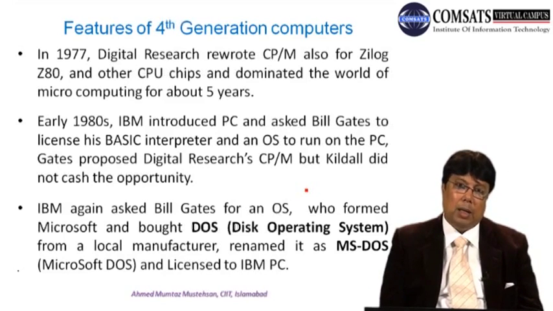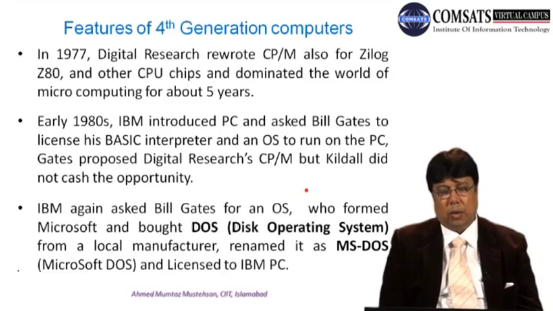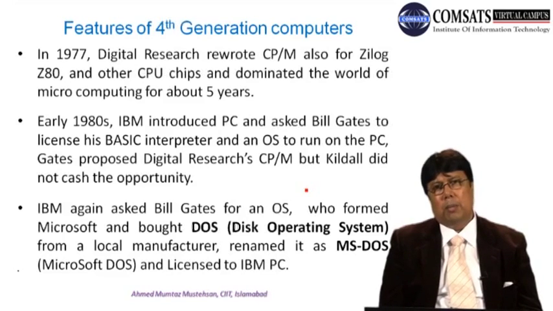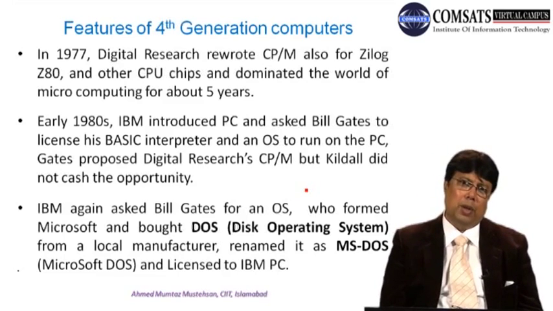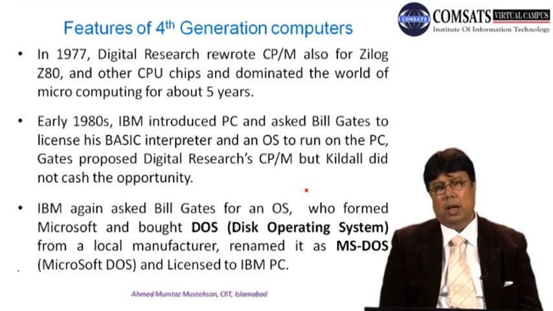So IBM then requested Bill Gates to provide an operating system for their IBM-based machines. Bill Gates formed a company, named it Microsoft, and purchased already available software for the personal computer, made by a local vendor, and called it DOS, disk operating system.